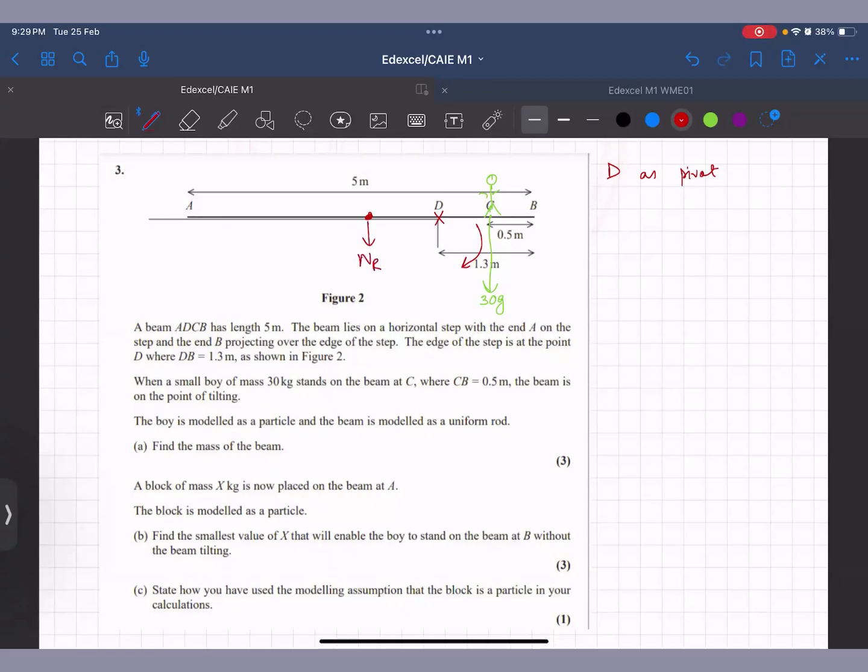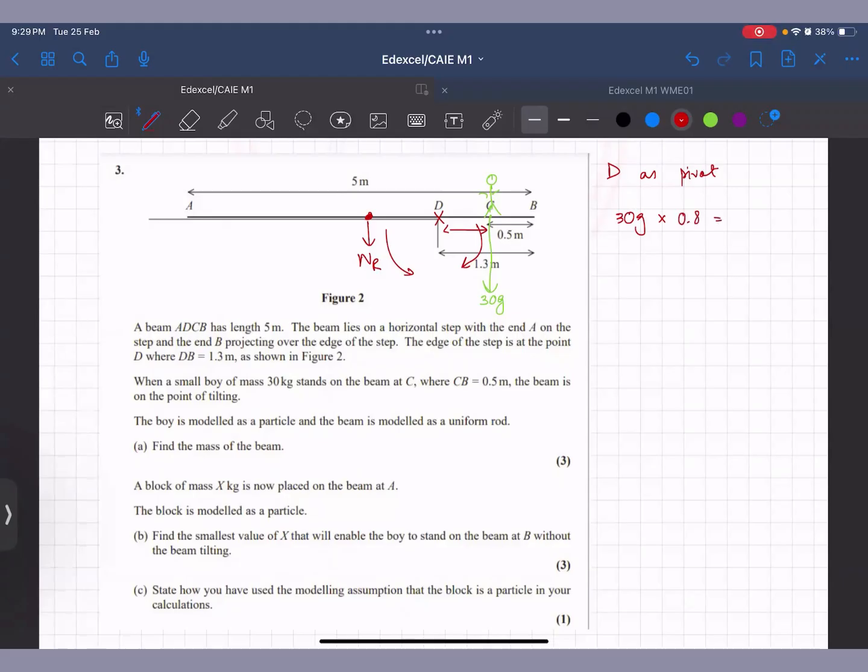The weight of the rod, which we don't know right now, would be generating anti-clockwise moment. So the weight of the small boy is 30 times g, and the perpendicular distance of this weight from the pivot would be 1.3 minus 0.5, so 0.8.